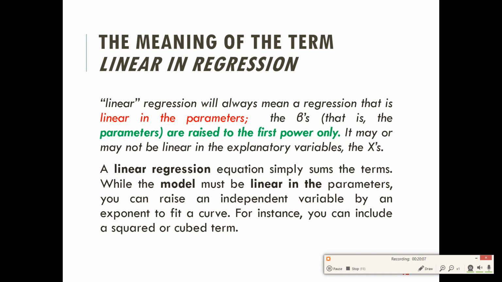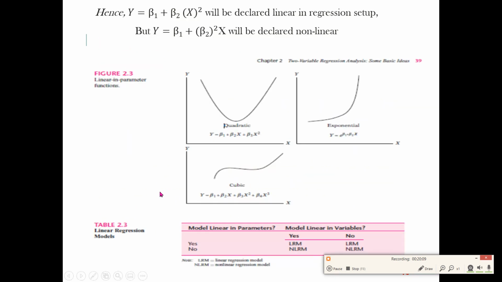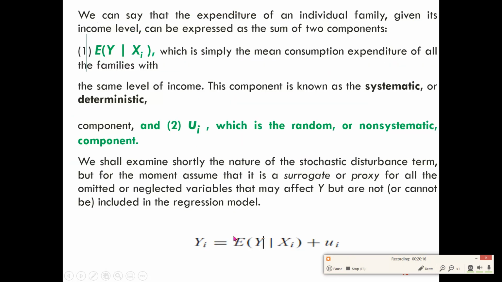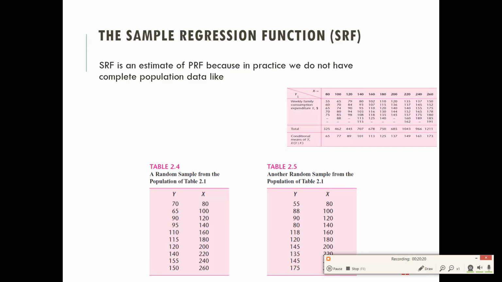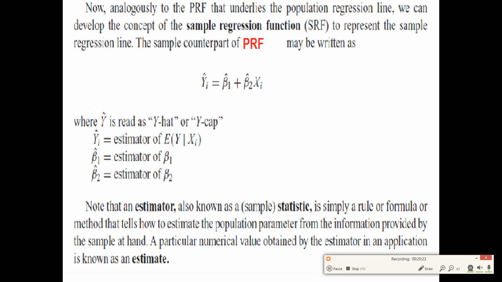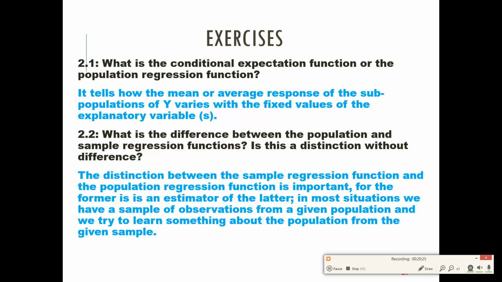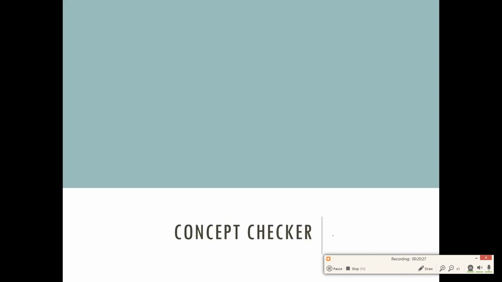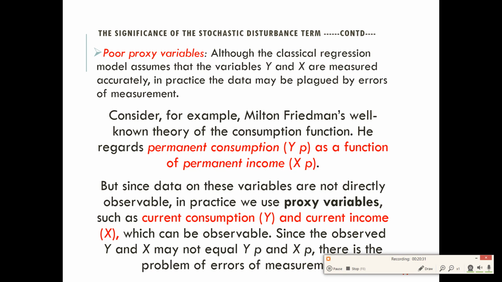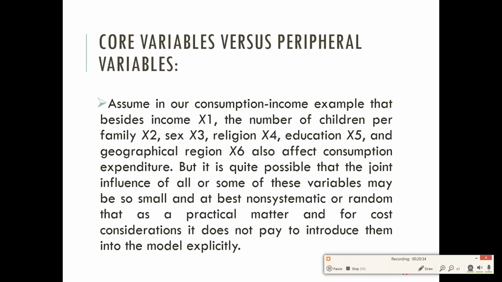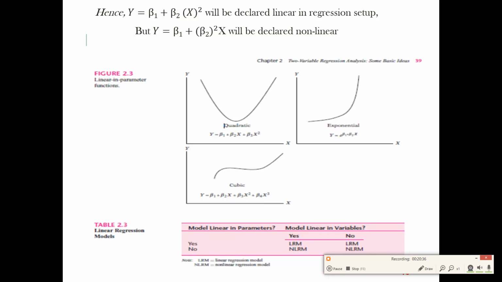Let me explain this further with the help of a diagram. Let's come to the later part of the discussion. I know it is a little bit of a disturbance on your part that I'm changing slides so frequently, but I'm just trying to provide you with the relevant and important information.